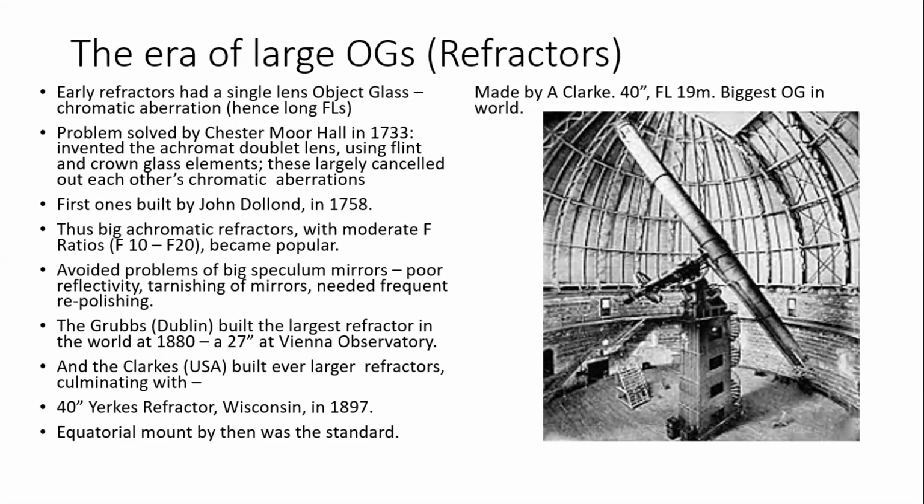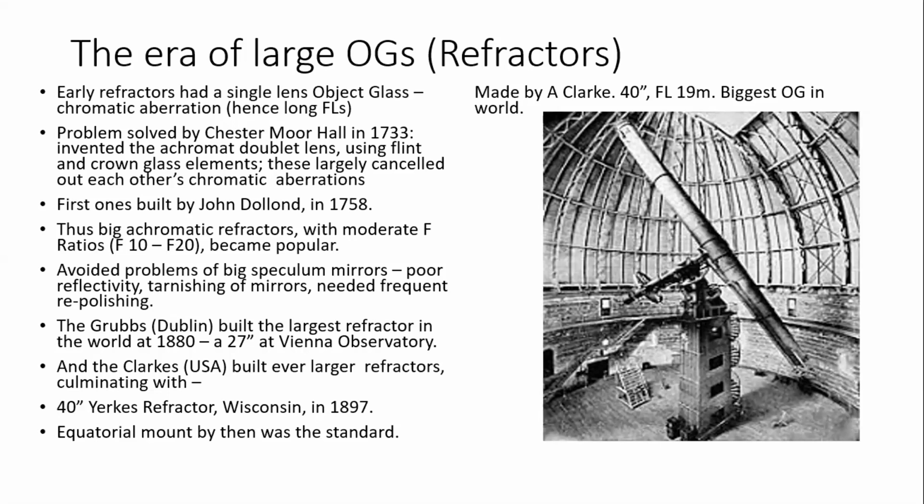There's a certain amount of reflection from the front surface and a certain amount of internal absorption, but basically you don't have that problem. So the Grubbs, as we know in Dublin, were leading telescope makers. They have telescopes all over the world, Northern Hemisphere, Southern Hemisphere, throughout Europe. They didn't really break into the American market, although they tried. They tried very hard to get the contract for the 36-inch refractor at Lick, but they lost out.